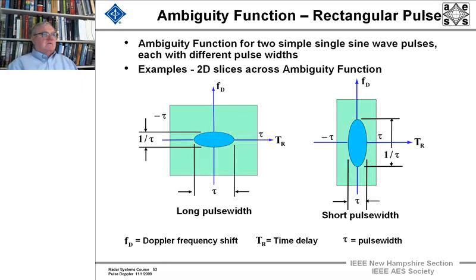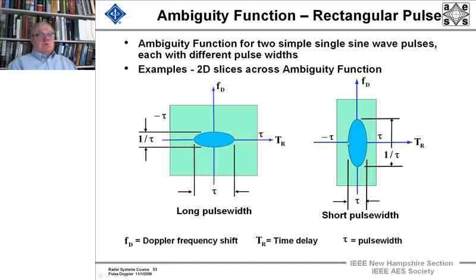And you see that you have much better resolution in this long pulse width, and here where tau is the pulse width, we're going to have more error, less resolution along the range axis, and better resolution across the Doppler axis. And the converse is true for a short pulse.